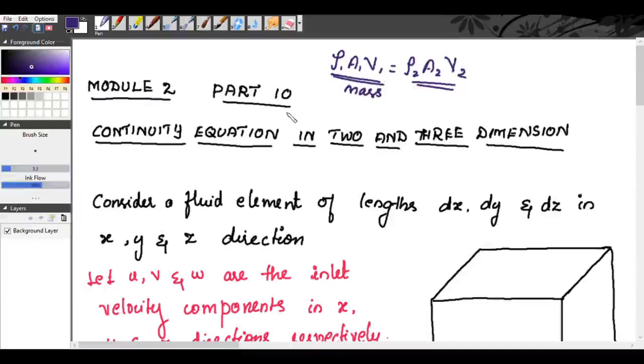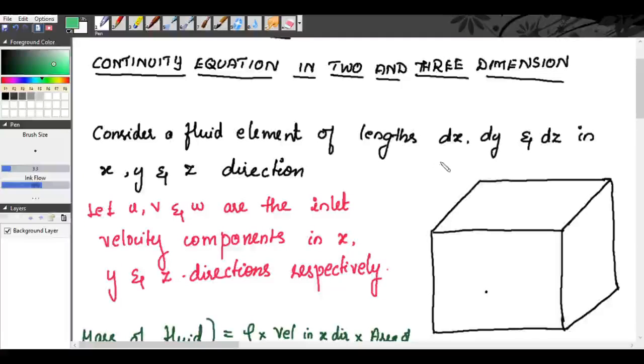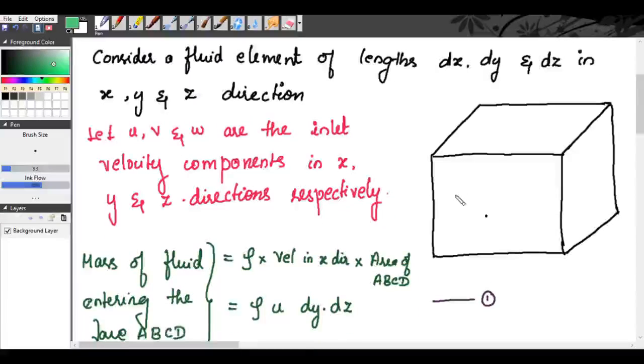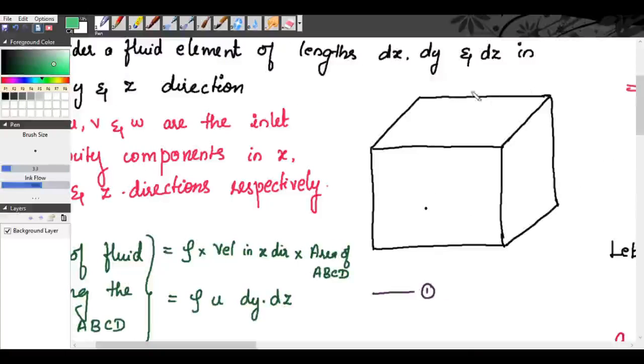Now let us see the continuity equation in 2 and 3 dimensions. For that we are considering a fluid element of lengths dx, dy and dz in x, y and z directions. So this is our fluid element. In x direction, the length of this fluid element is dx.